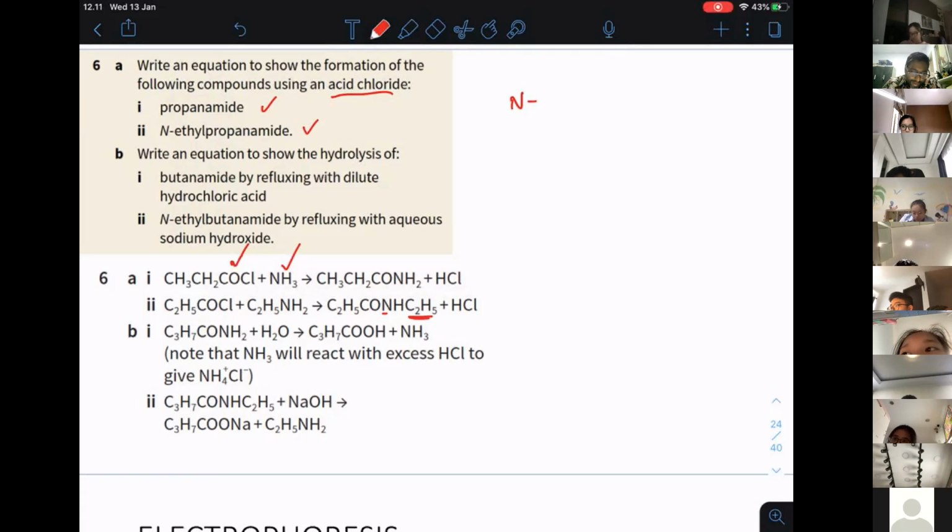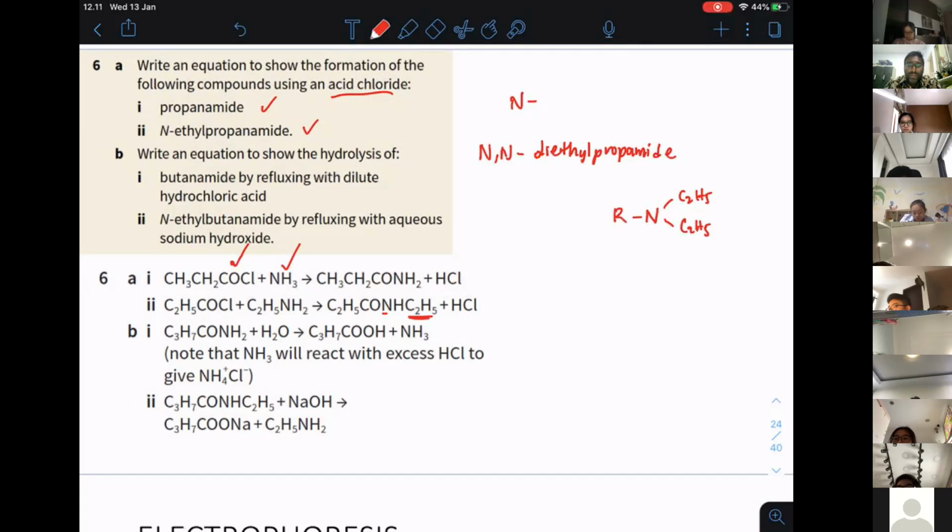If you have N,N-diethyl propanamide, for example, how do I write the equation? There are 2 N, so it means ethyl at 2 positions. So I want something where the nitrogen has C2H5, C2H5, and then this one will be my substituted, like for example, any R group over here.